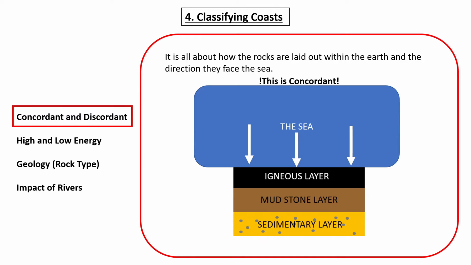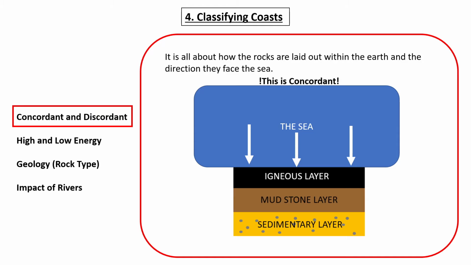And this first one is what's called a concordant coast, and it sounds really scientific and quite difficult to get your head around, but it essentially just means how the rocks are stacked within the earth and the direction in which these rock layers face the sea and oncoming waves. So a concordant coast just means that there is one layer in contact with the sea at all times.